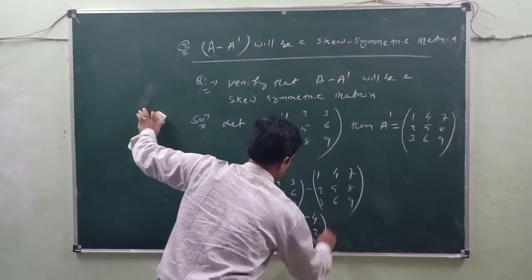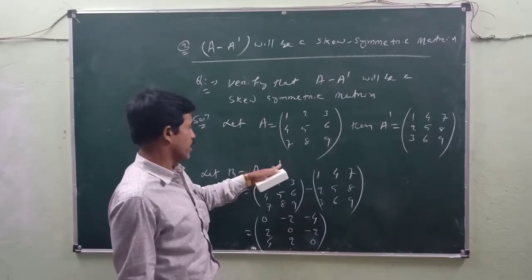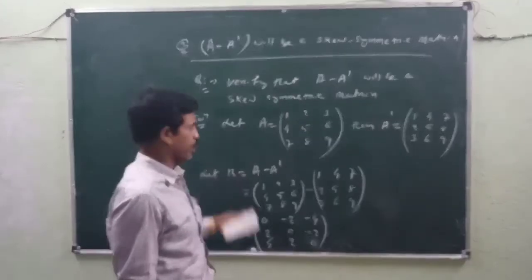This is the value of A minus A transpose, which we take as B.